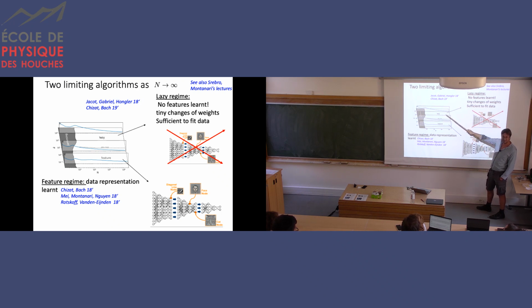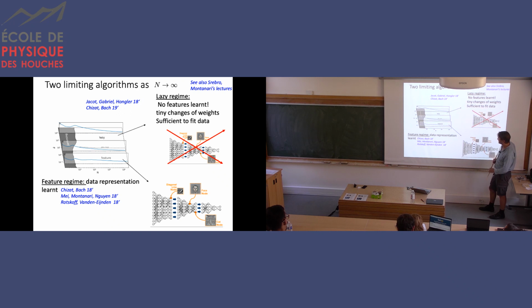Still, if you have interesting architectures, CNNs and so on, those kernels that you generate by linearizing a network are actually quite good. So later in the talk, I will be discussing some aspects of what we think they do. And then you have this other regime: when you initialize the weights to be very small, your function has to evolve a lot, and then the neurons are going to learn to respond to different things as you train.